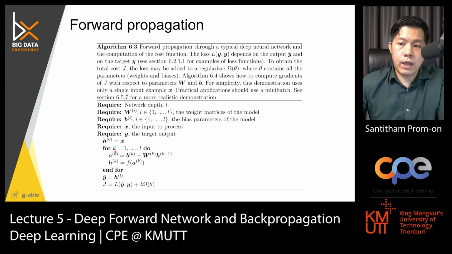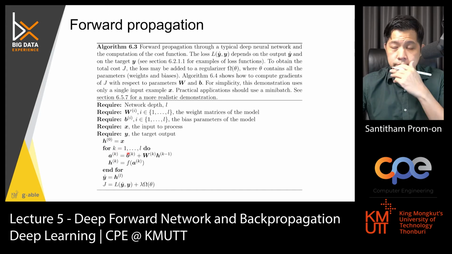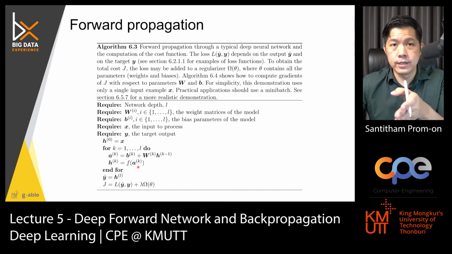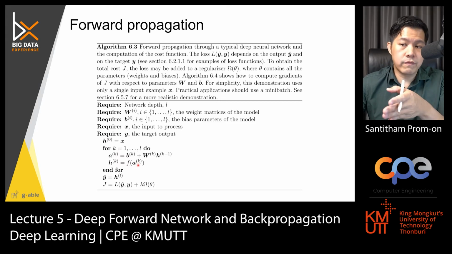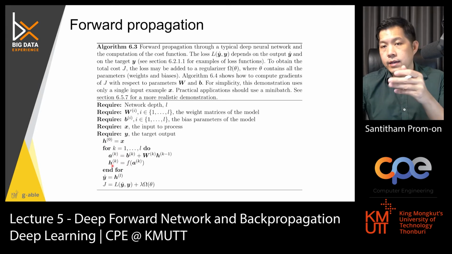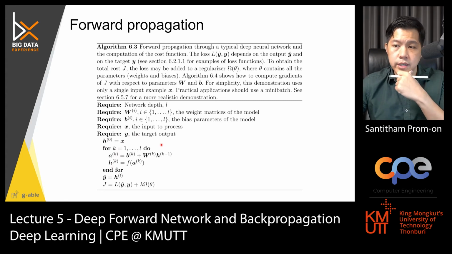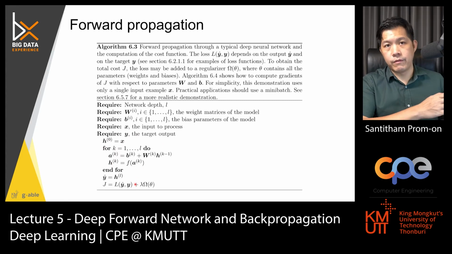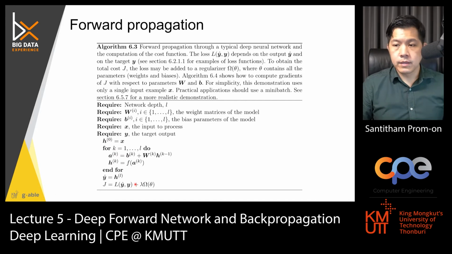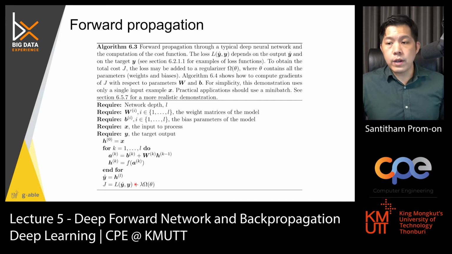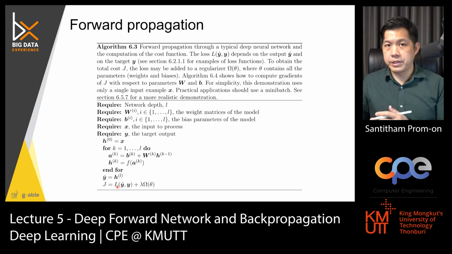For each layer, we calculate a, which is an intermediate value, put it into the squashing function, the activation function, to get hk at each hidden layer. Keep doing that until the end, from the first layer to the last layer. At the end, we have y equal to h of the last layer, and then we compute the loss function on the last layer's output. Okay, this is forward propagation.